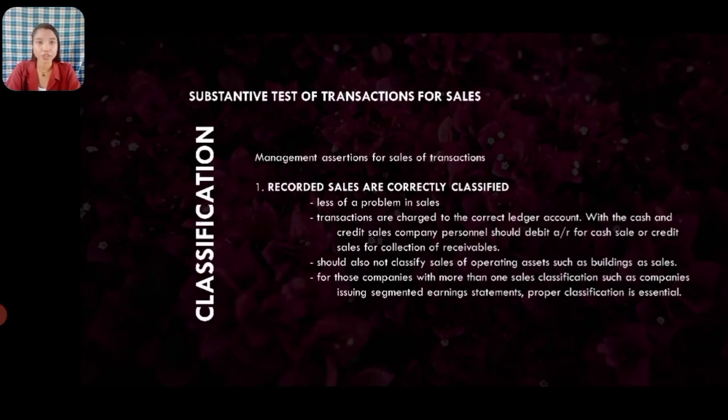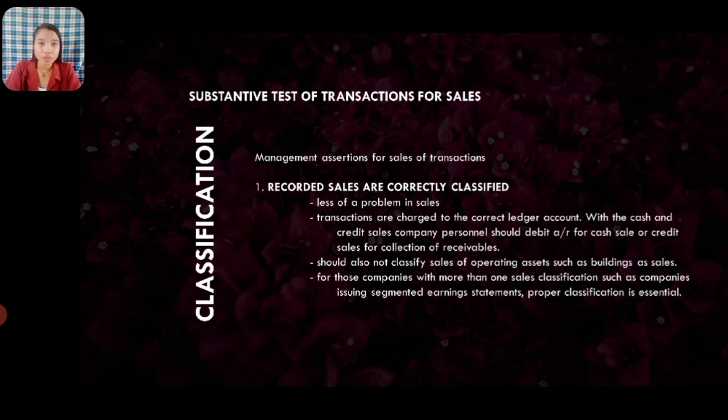Now let's move on to classification. Recorded sales are correctly classified. So, by means of correct classification, there could be less of a problem in sales. Transactions are charged to the correct ledger account. For example, with the cash and credit sales, company personnel should debit accounts receivable for credit sales and cash for collection of receivables, just like what we have discussed earlier.